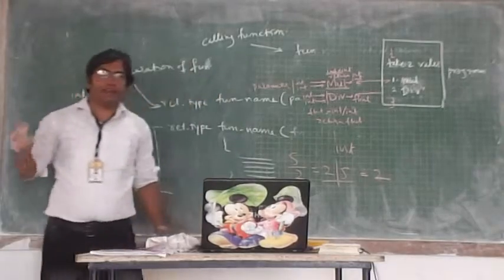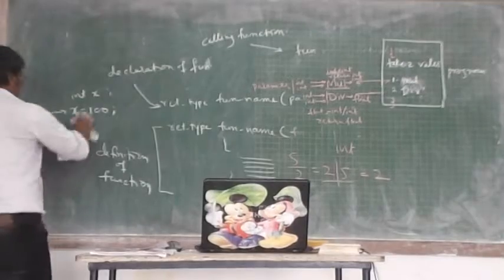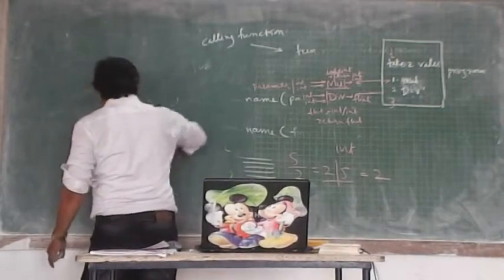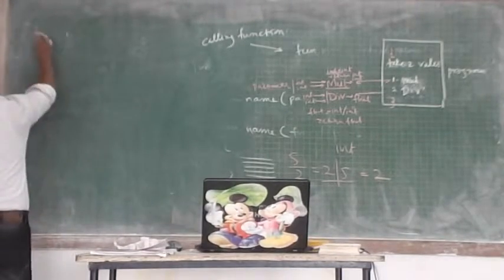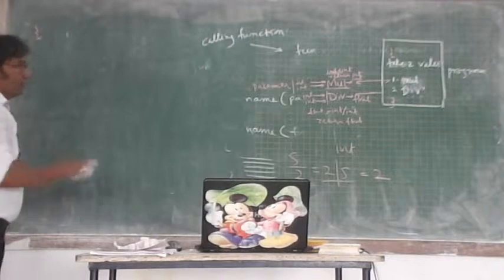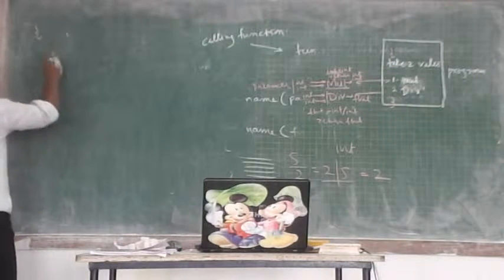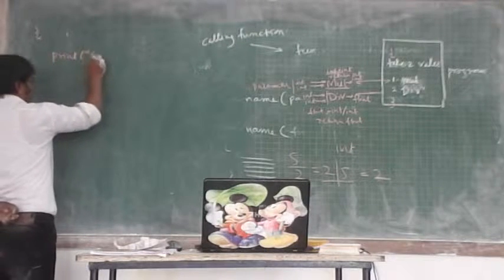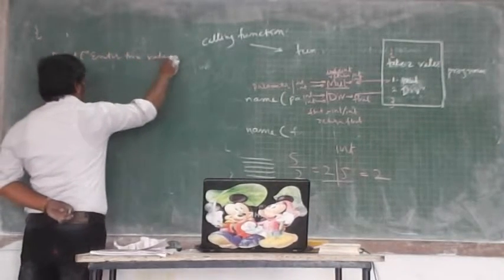Before starting to write your program, you must have this much idea. So now you can start writing the program. The first statement is to take two values from the user, and to get that, first give a message to the user: enter two values.